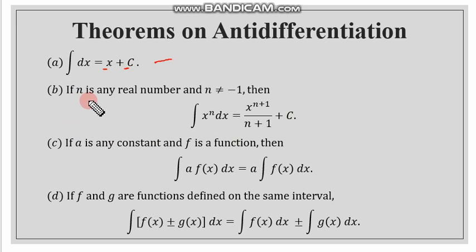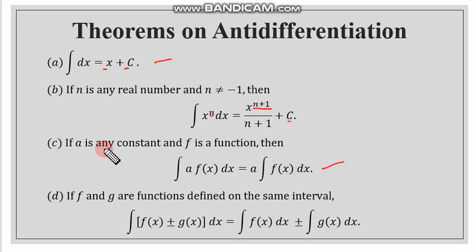If n is any real number and n is not equal to -1, then the integral of x to the n dx is equal to x raised to n plus 1 over n plus 1 plus c. Don't forget to write plus c in every answer in antidifferentiation. So this is the inverse of the power rule in differentiation.